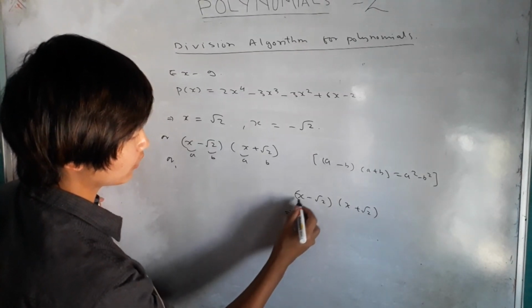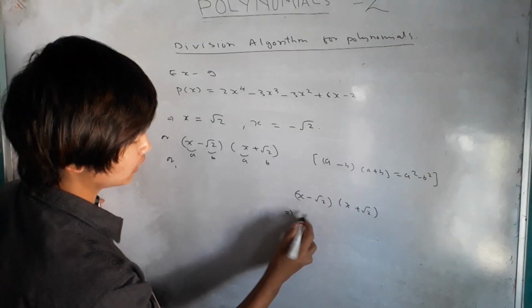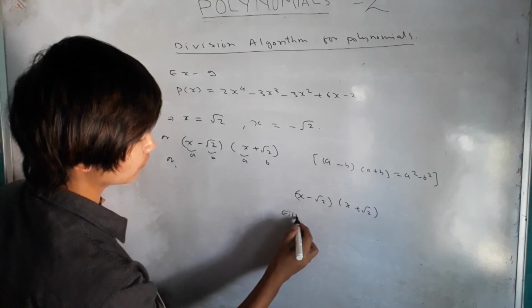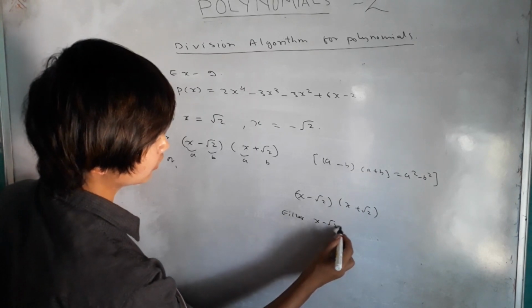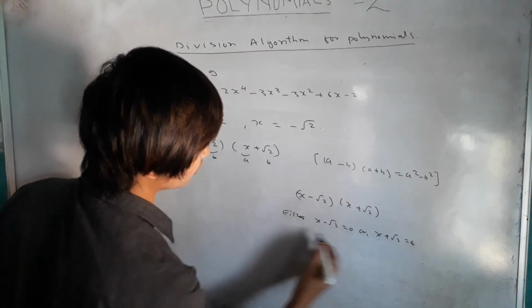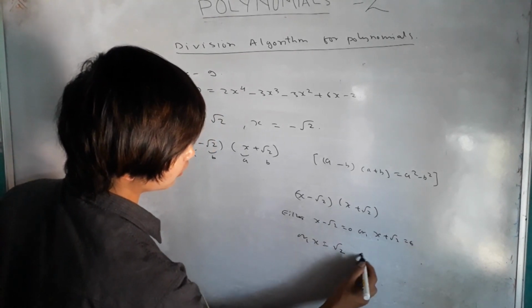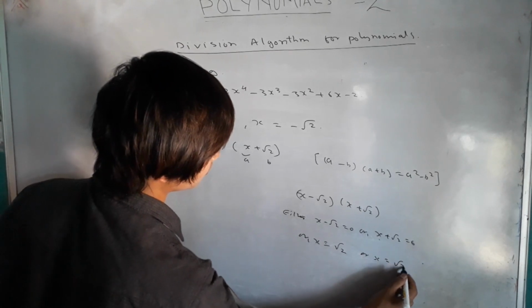How did we do this? We say either x minus root 2 equals 0 or x plus root 2 equals 0, so x is root 2 or x is minus root 2.